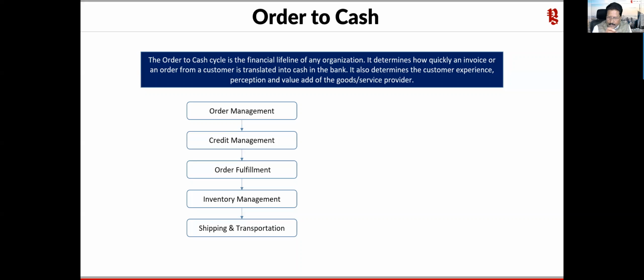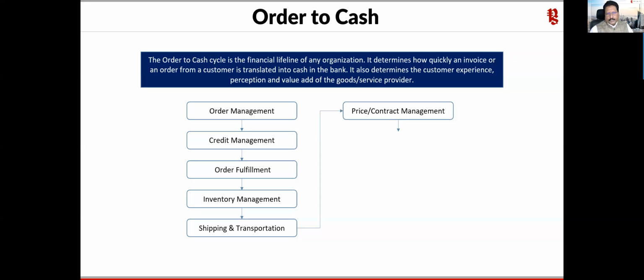So what arrangements are you making, and what steps need to be taken to ensure there is a smooth movement of goods from the time they move out, and also a commitment by the shipper or your transporter to deliver them as promised, as per the lead time of delivery. Okay, so that is one aspect that we need to take care of.